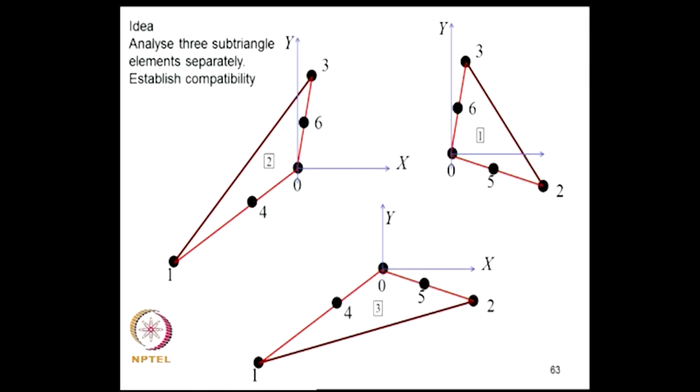So, 18 of them we need to eliminate. We will do so by seeking compatibility at 1, 2 and 3, and also by seeking equivalence of normal slopes at point 4 for triangles 2 and 3, at point 5 for triangles 1 and 3, and at point 6 for 1 and 2. We will develop these elements in the next lecture and see how this formulation develops.